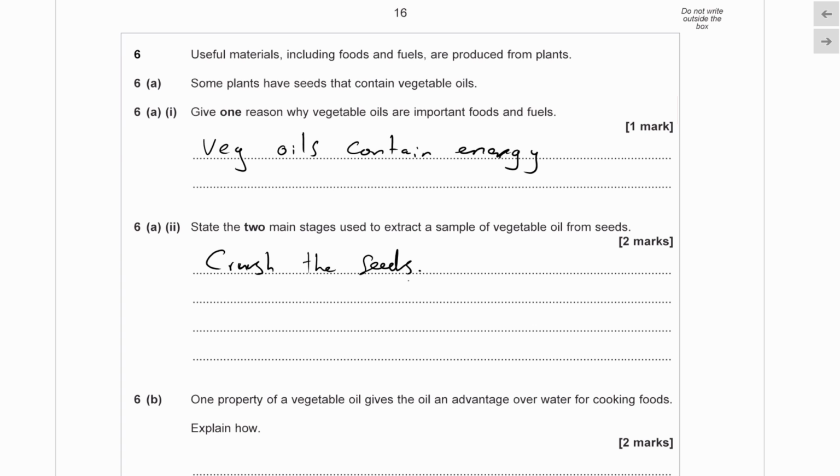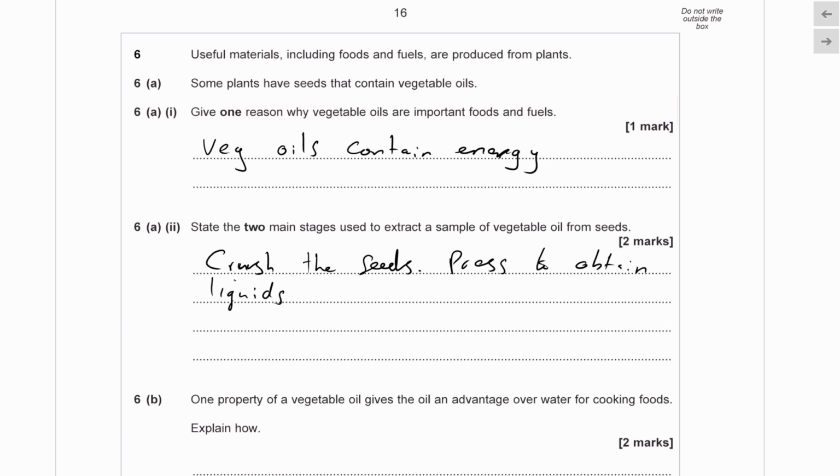So crushing is just breaking it open. Pressing, we're getting the liquid out of it, obviously, which is the oil, and then after that we are going to separate the liquids, okay? Even though it says state 2 main stages, those were 3 main stages, so we only need 2 of them. So we crush the seeds, and we also press to obtain liquids.